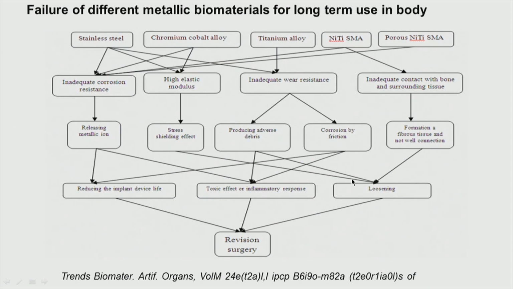This is a very interesting picture. We see titanium, and the main problem of titanium is inadequate wear resistance. So, they could produce some debris, corrosion, and toxic effects. Otherwise, stainless steel has quite a lot of disadvantages, and chromium cobalt also has some disadvantages, although they have very good wear resistance.